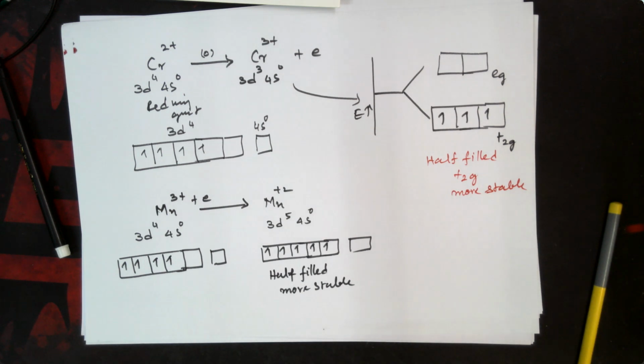Cr3 plus is highly stable due to the presence of half-filled T2G orbitals.